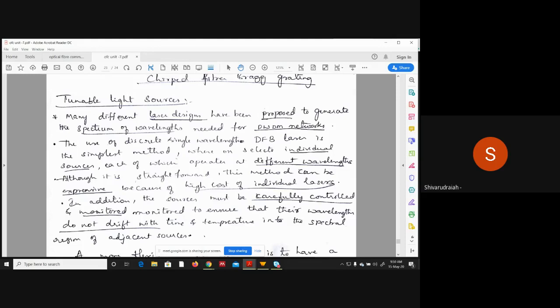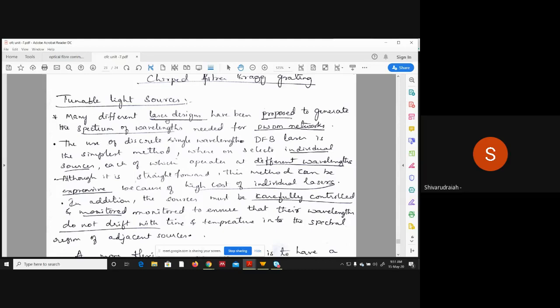And this laser source is very important with respect to your WDM network, especially dense WDM network, right? Because in a dense WDM network, as you have seen, there are a larger number of channels packed in, and the spacing between the channels is also very small.